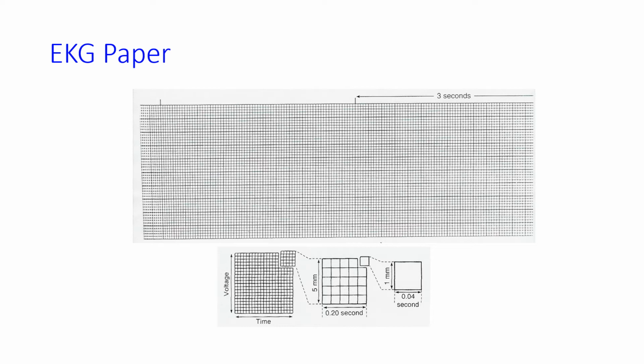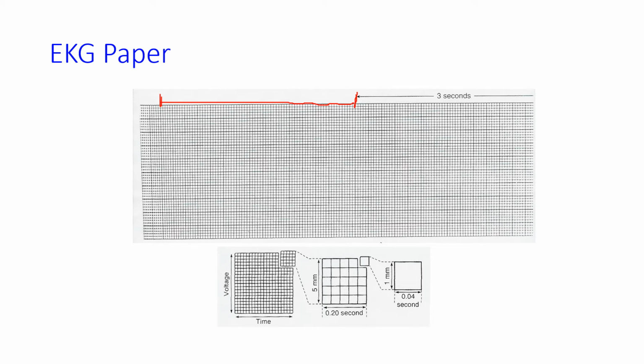The other thing that the ECG paper has is at the top of the paper, it has these lines, and what these lines give you, between here, if you were to count, 5, 10, 15, 20, 25, 30, 35, 40, 45, 50, 55, 60, 65, 70, 75.